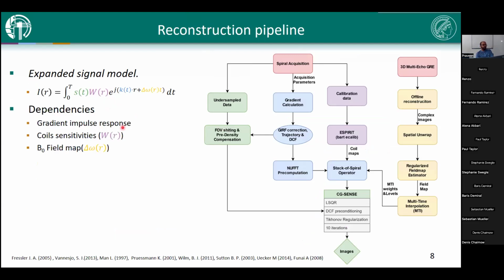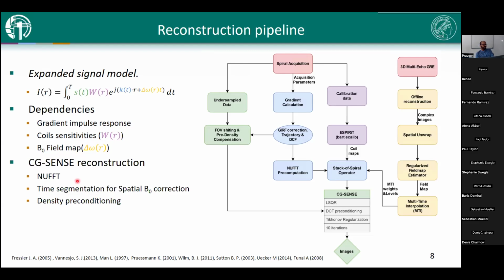We measure the gradient impulse response function with our field camera, and we calibrate our coil sensitivity and field map, and we feed everything into an iterative inverse problem like CG-SENSE. We speed that up with NUFFT and time segmentation for B0 correction, and we can also reduce the number of iterations required with density preconditioning.